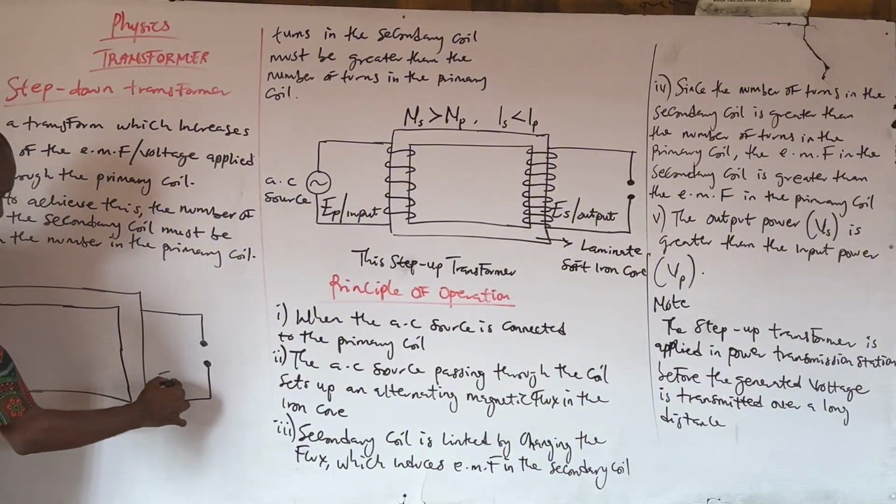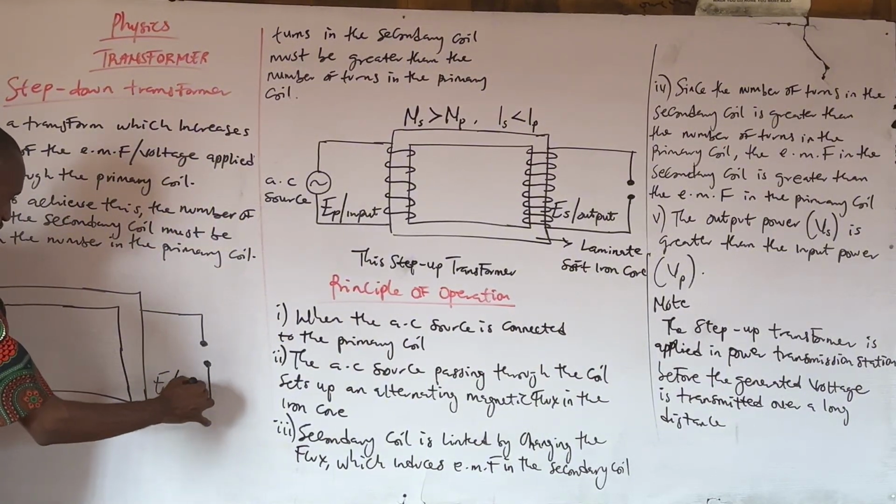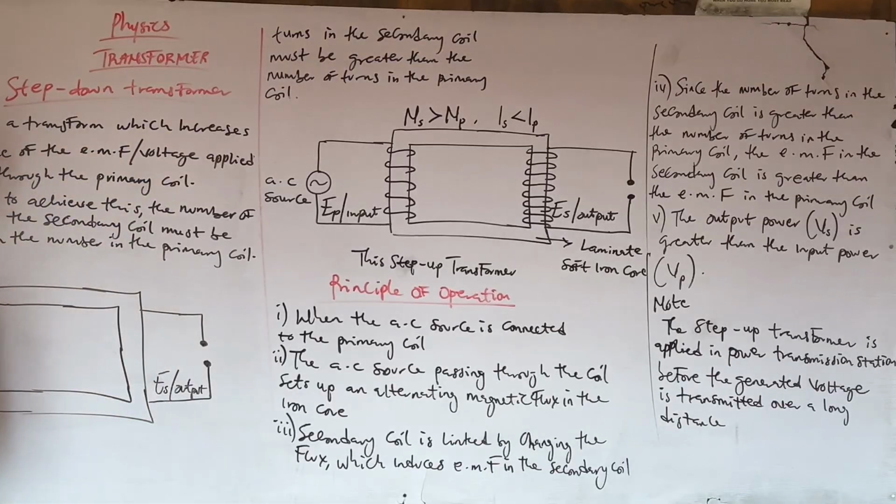So here is EX slash output, and here is EP slash input. Do you understand?